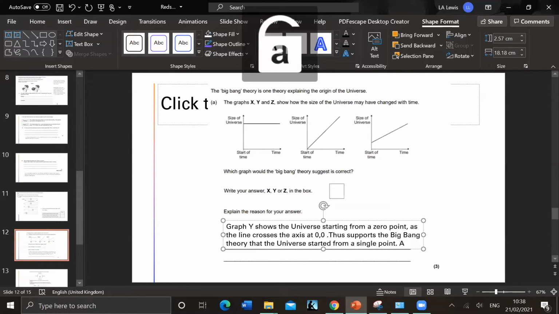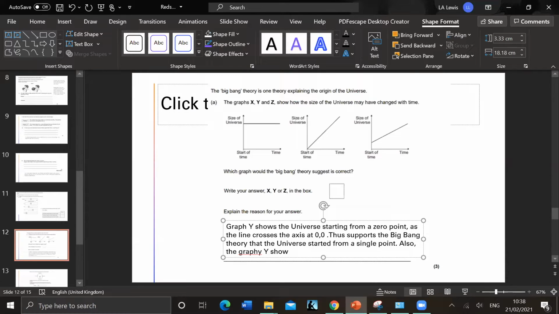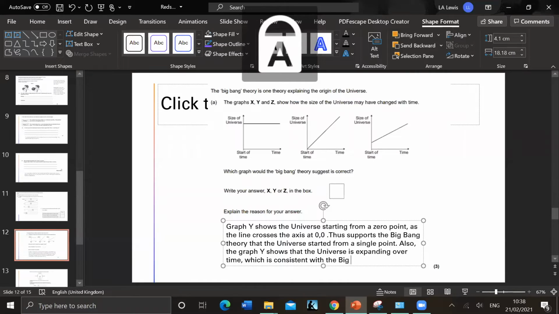Also, graph Y shows, I put graph B instead of graph Y, the graph Y shows that the universe is expanding over time, which is consistent, that's a good word, with the Big Bang Theory. So expanding and starting from a point, okay? The main points there.